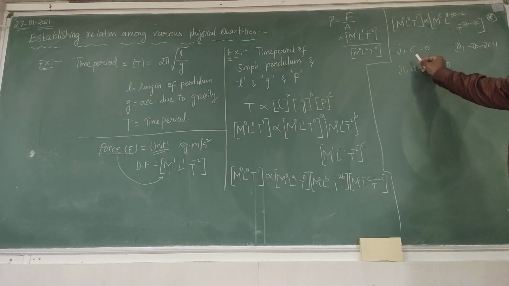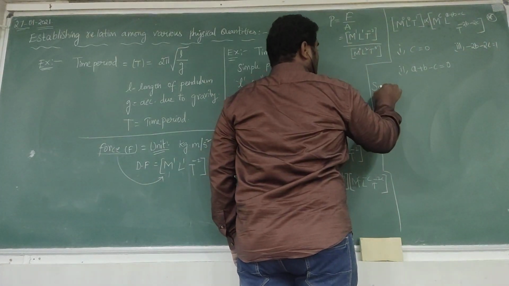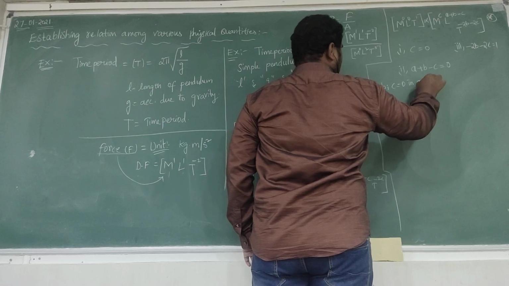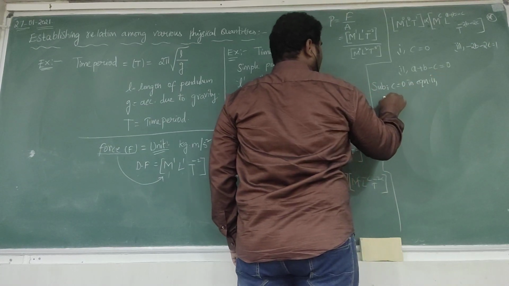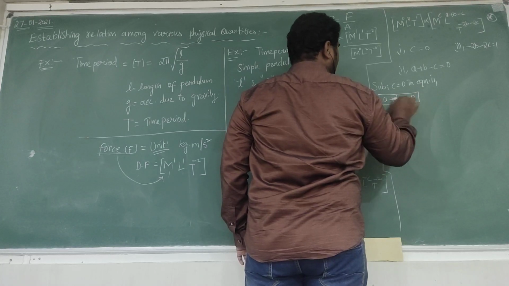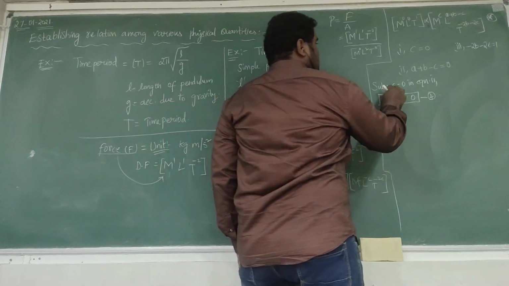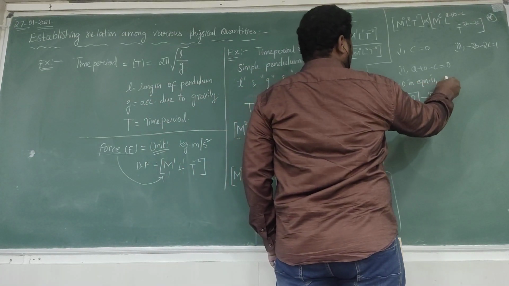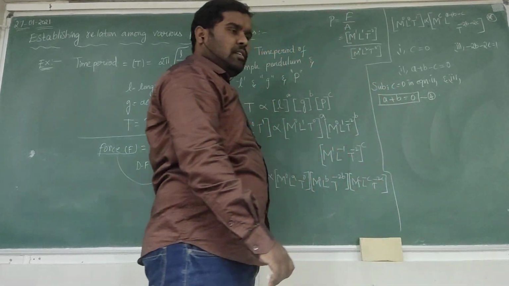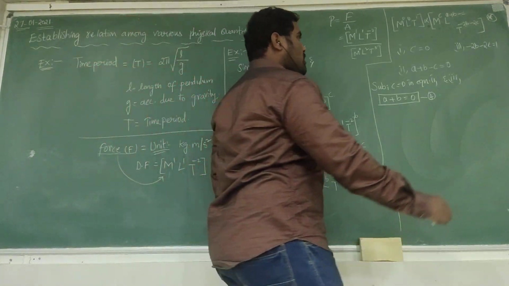Now see here. Substitute c equals to 0 in equation 2. So you will get a plus b equals to 0. Let it be 4. Substitute c equals to 0 in equation 3. How much you will get?